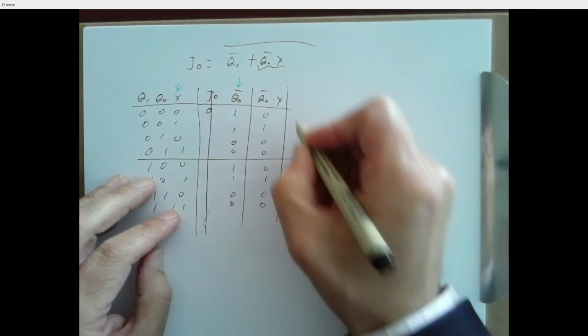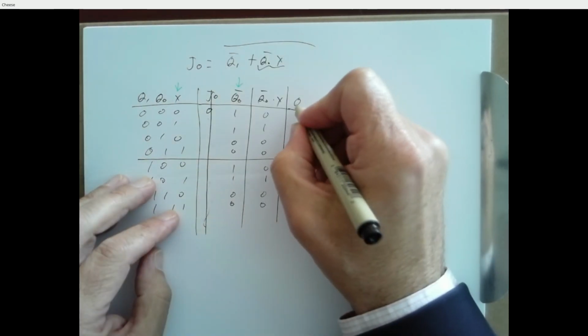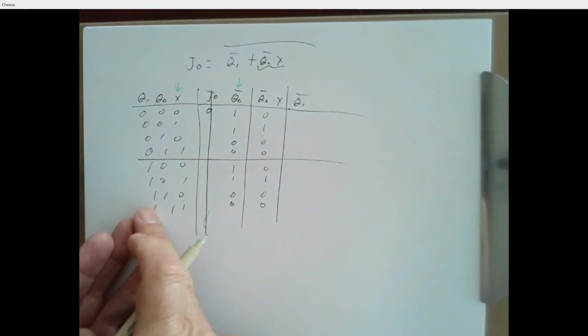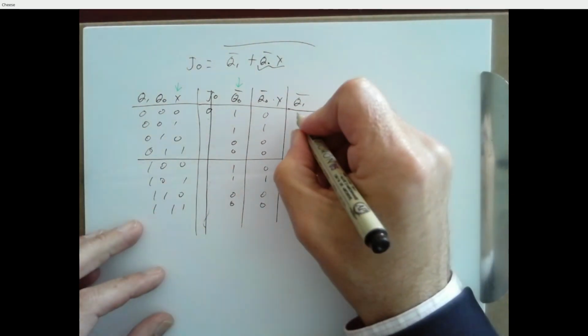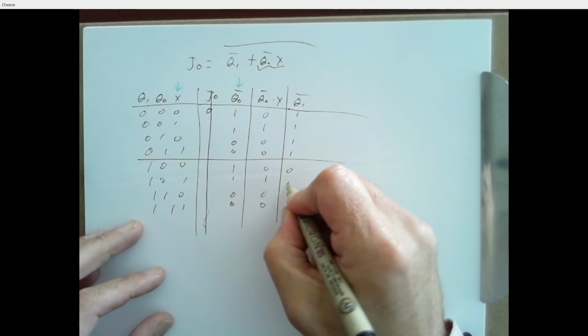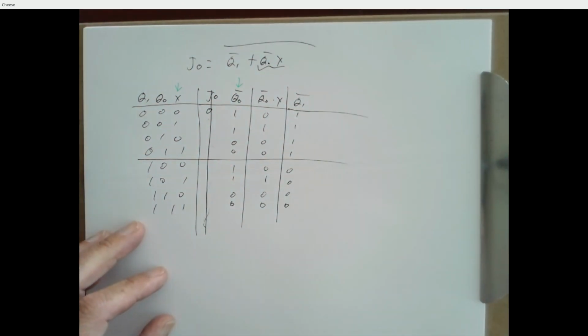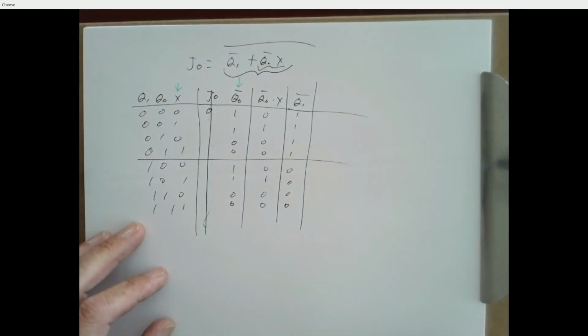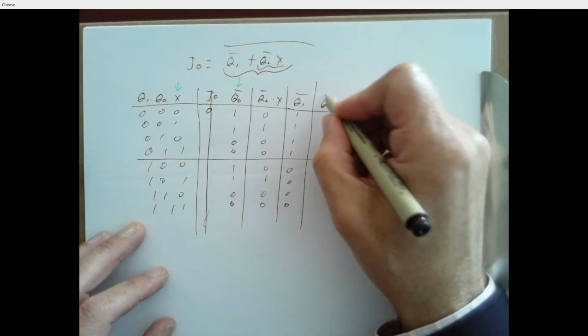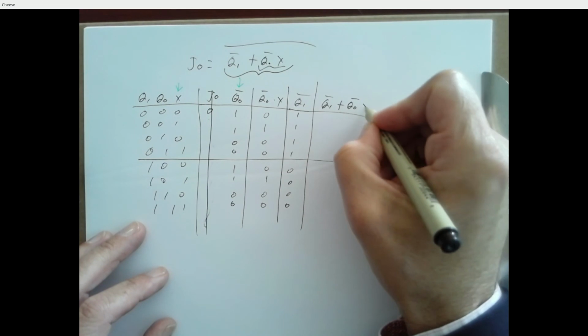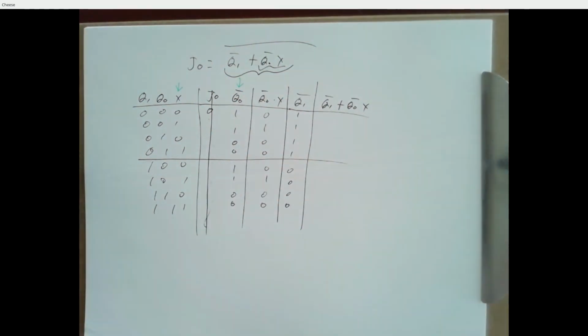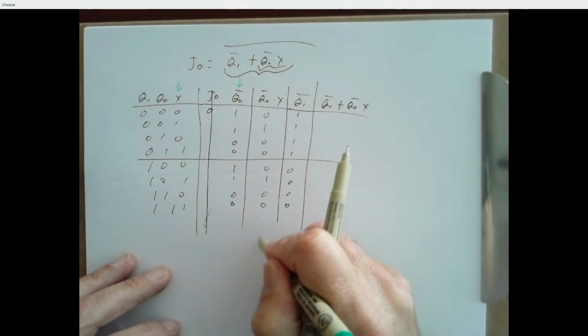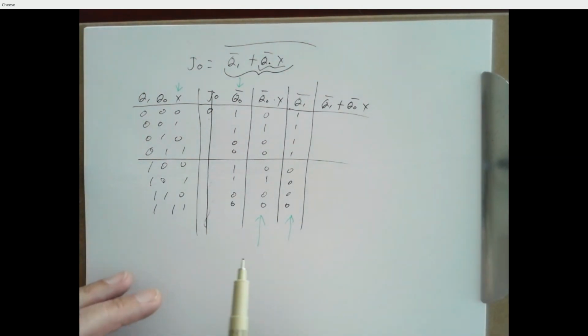And now, go ahead and make a column for Q1 bar. It's just this thing inverted, but put it in a separate column. So flip those. And now we can make a column for this expression, Q1 bar ORed with Q0 bar X. Well, it's just taking these two columns and doing a logical OR.